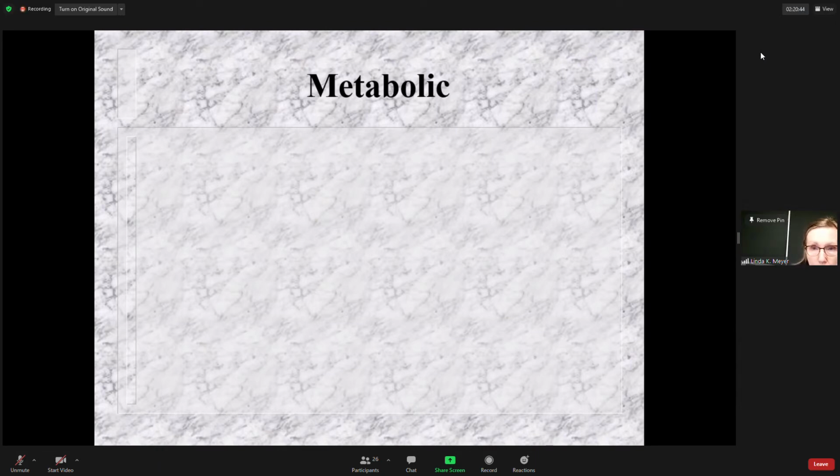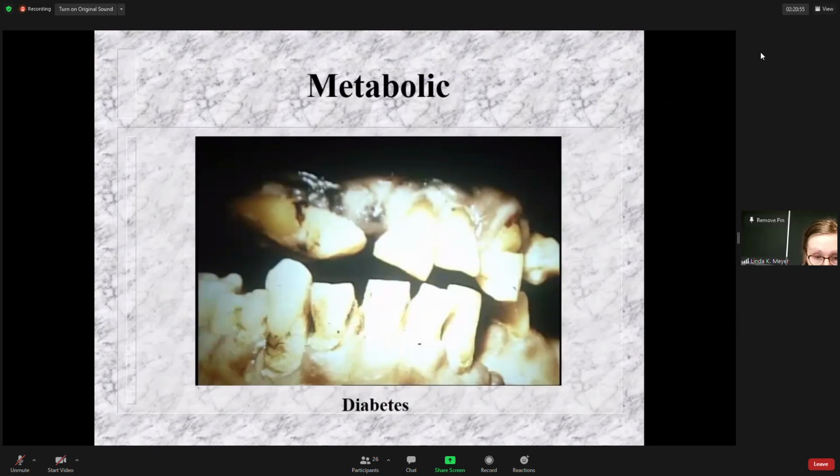And there are some metabolic diseases that have oral manifestations that we will be discussing in this course. Diabetes is one of them, but the focus is going to be in your periodontology class and the impact that diabetes has on a patient's periodontal status.